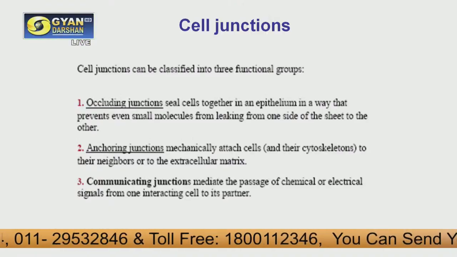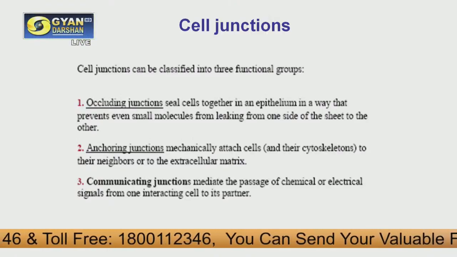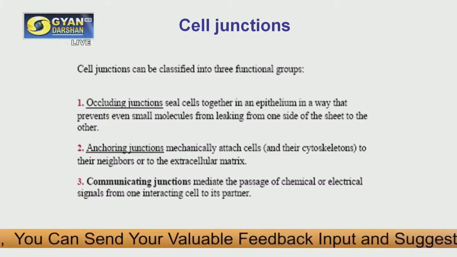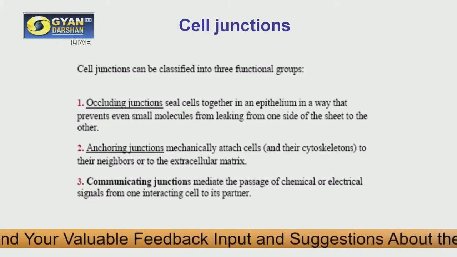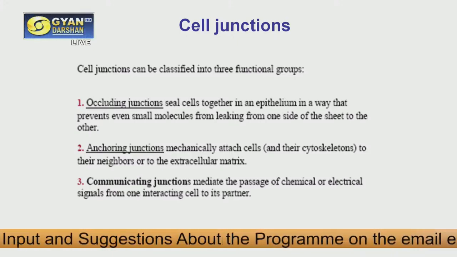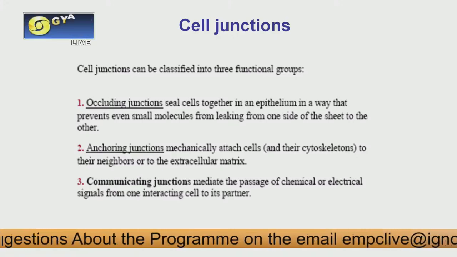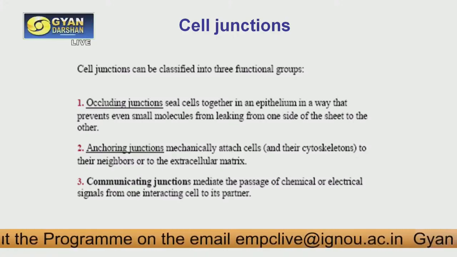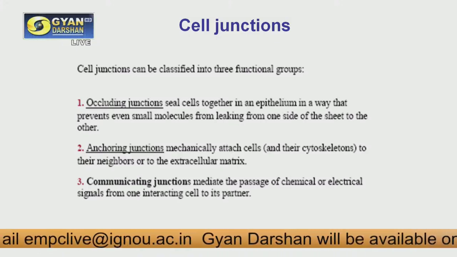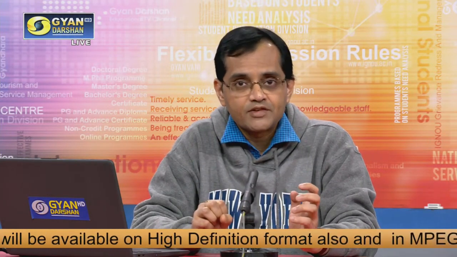That is occluding junction. Second is anchoring junction. Anchoring means two cells in a multicellular organism need to attach. They need to be held together, as well as each cell should be attached to the cytoskeletal elements, that is the actin, mostly the actin, or to the extracellular matrix.